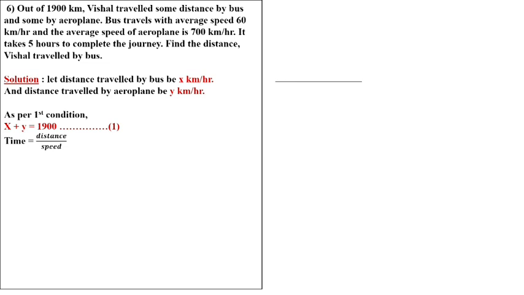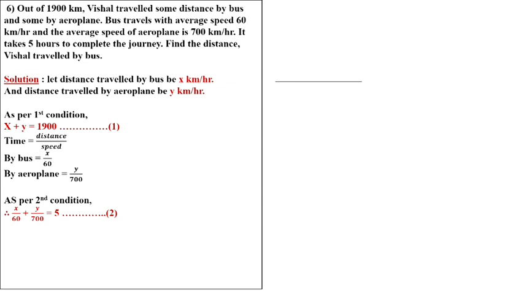So the distance with the bus is x, by the aeroplane is y. So by the bus x upon 60 because the bus speed is 60, but for the aeroplane y upon 700 because the speed of the aeroplane is 700 km per hour. As per the second condition, x upon 60 plus y upon 700 equal to 5 because it takes 5 hours.